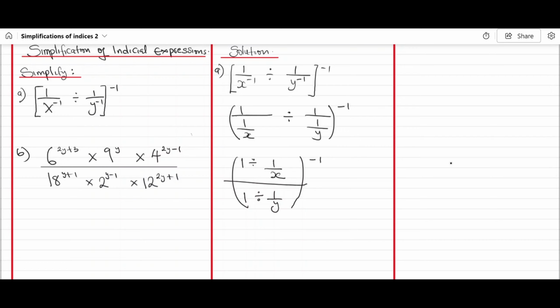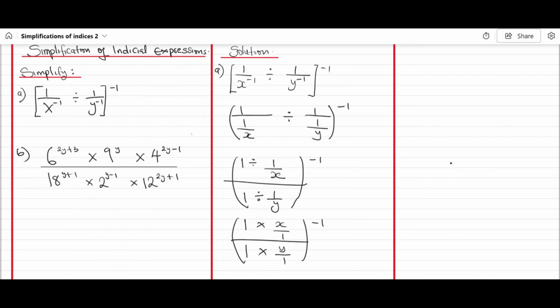So I know that the reciprocal of division will be multiplication. So we have 1 times x divided by 1, divided by 1 times y divided by 1, so everything is enclosed in the bracket raised to the power of negative 1.